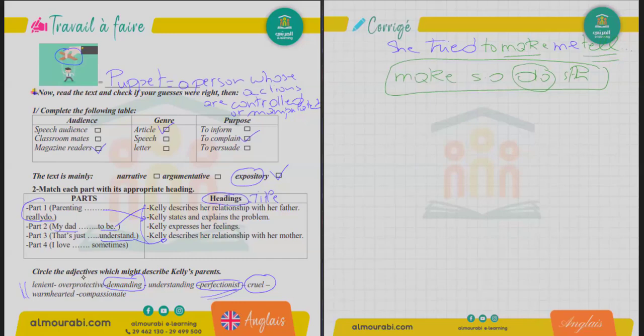Very good. She's a nosy mom. Focus on this word. She wants to know everything. She's a nosy parent. She's overprotective.